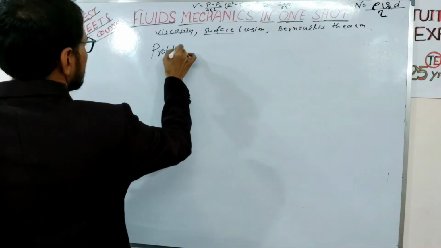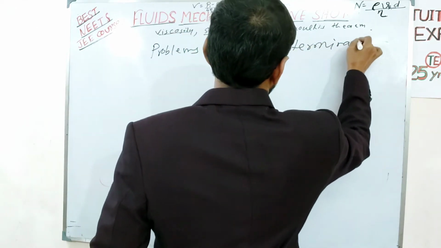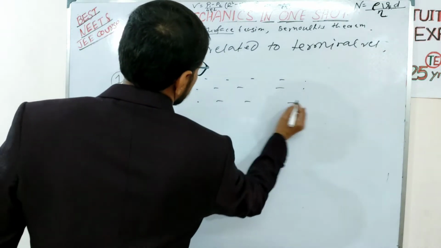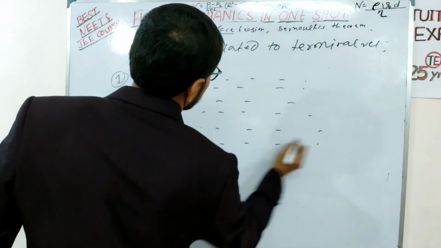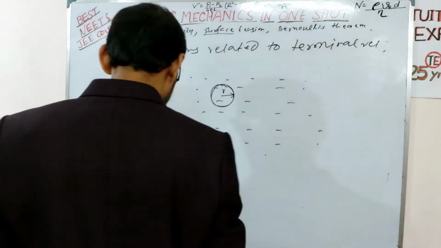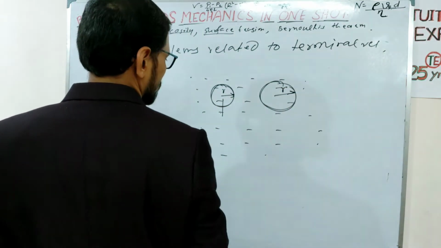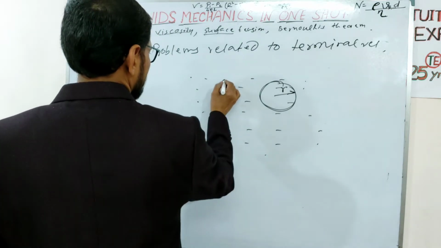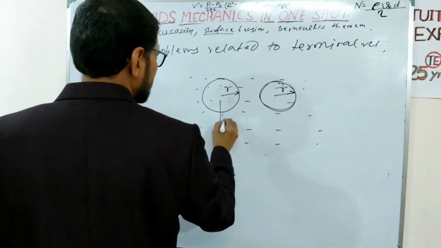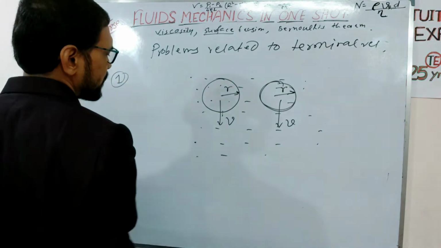Now the problems related to terminal velocity. Problem 1: suppose two balls of the same radius r move with the same velocity v in a liquid.